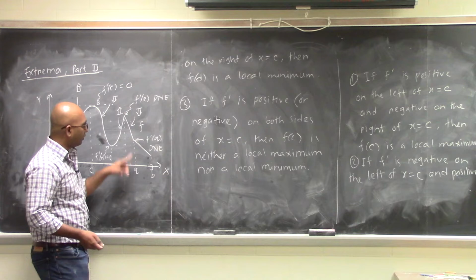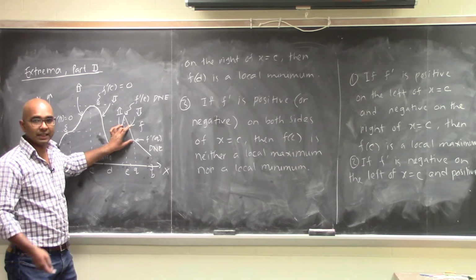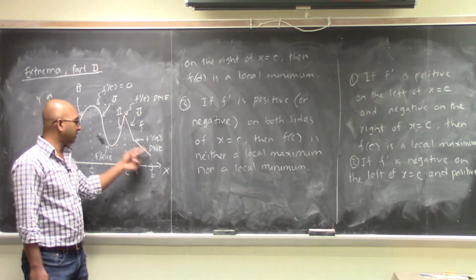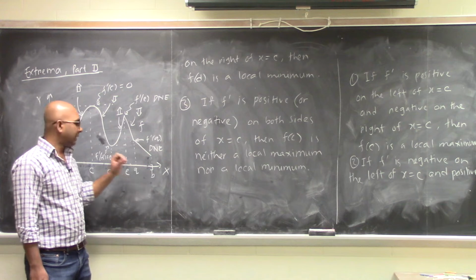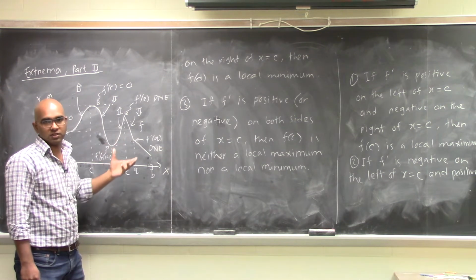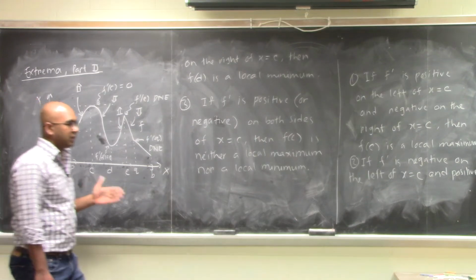Similarly, at f of Q, on the left side it is decreasing, so f prime is strictly negative, and on the right side f prime is also strictly negative, so it's also decreasing. So from decreasing to decreasing, that means f of Q is neither the largest one nor the smallest one, so it's neither local max nor local min. That's the first derivative test.